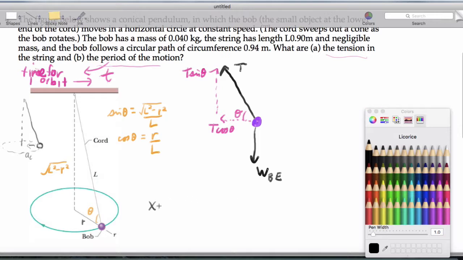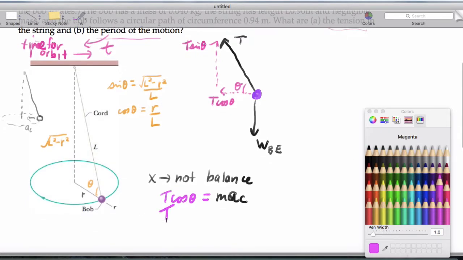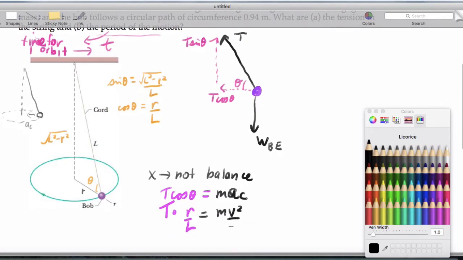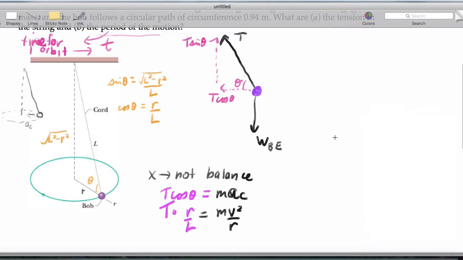So in the x direction, we do not balance. We get circular acceleration. So we end up getting T cosine theta equals m times acceleration. And in this case, that's T times r over L equals the mass, m times v squared over r. And let's just see where this goes. Okay, and then in the y direction, they do balance.